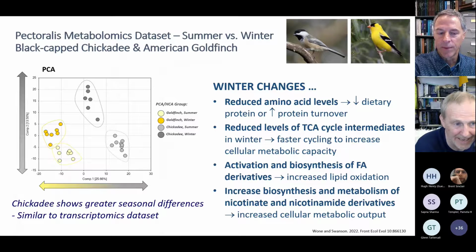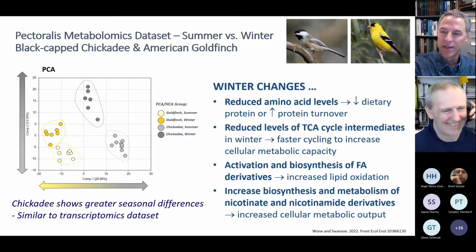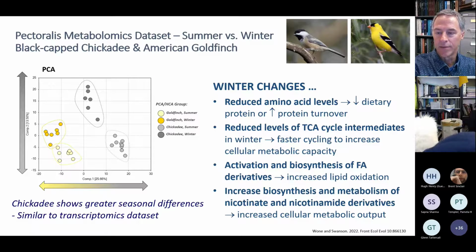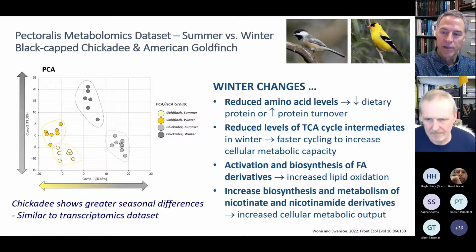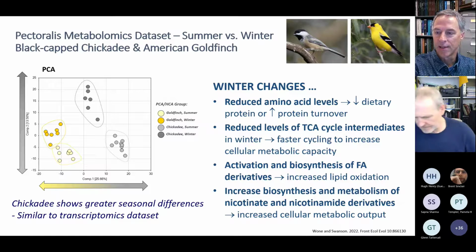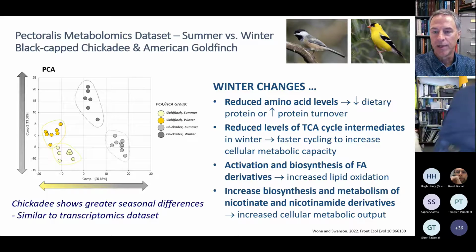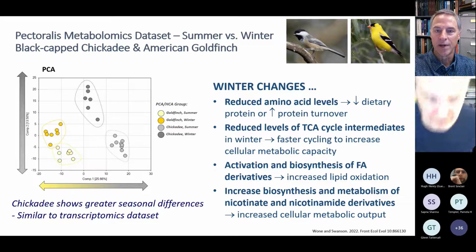And the winter changes that we saw included a reduction in amino acid levels, and that could be due to decreases in dietary protein intake in the winter, but it also might be related to increased protein turnover that's related to muscle remodeling. We also saw reduced levels of the citric acid cycle intermediate, so that suggests faster cycling to increase cellular metabolic capacity. Activation and biosynthesis of fatty acid derivatives, again, consistent with lipid oxidation.